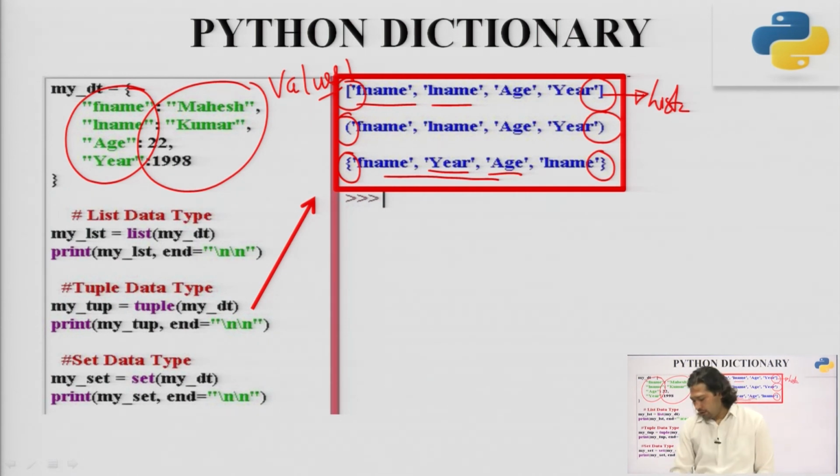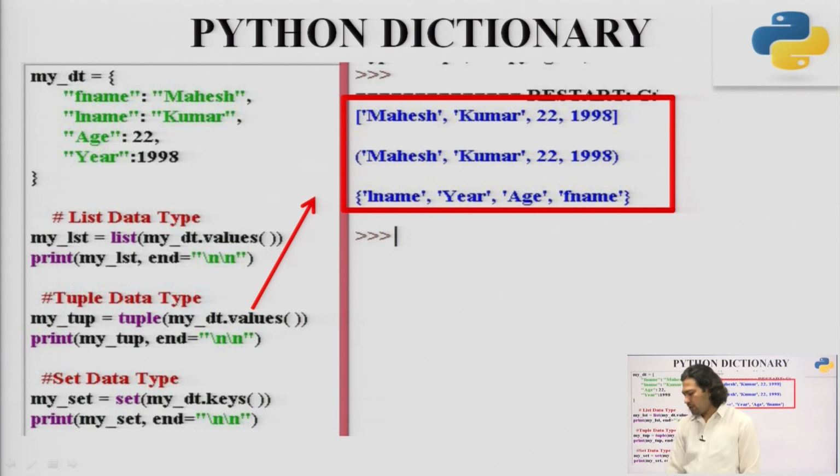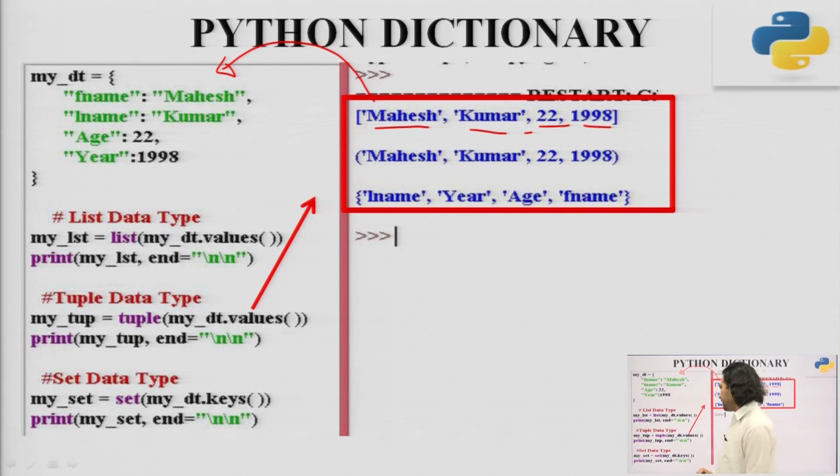Yes, it is possible by using a method. What method? This values method. With the help of this values method, you can see the output is totally changed in our favor. That means, right now we have formed a list, but instead of the key elements we have used the values of respective keys. You can see here that Mahesh Kumar 22 1998 is referring to the values related to the respective keys.